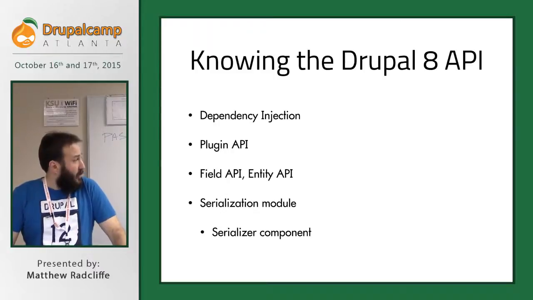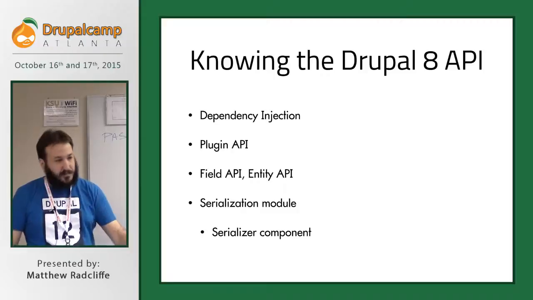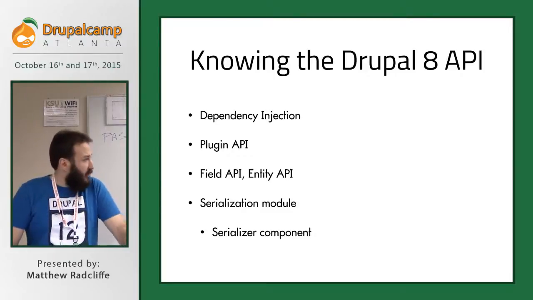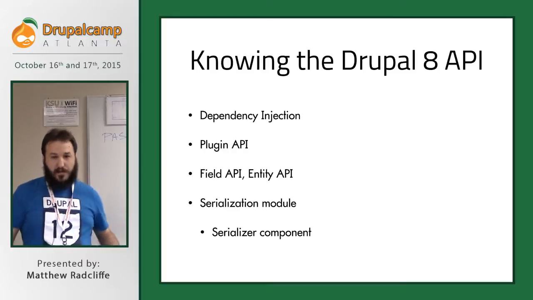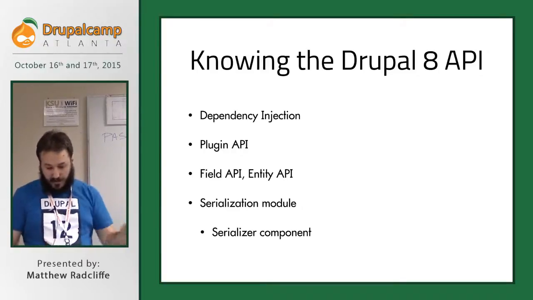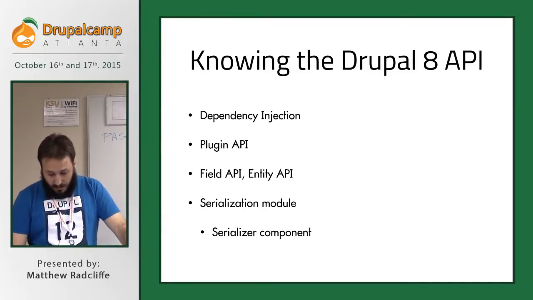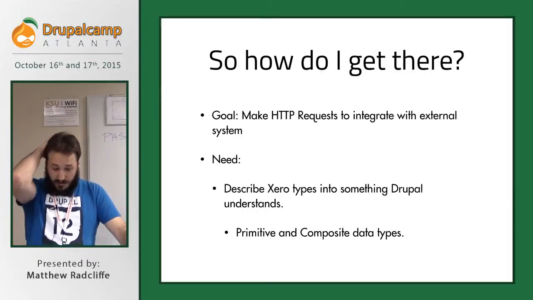Right. So I wanted to start leveraging what Drupal 8 provided, and there's a lot of cool subsystems. The plugin API, we have the field API, we have the entity API, and serialization module, which helps serializing things. And so I'm kind of ready to start using it, right? So how do I get there?